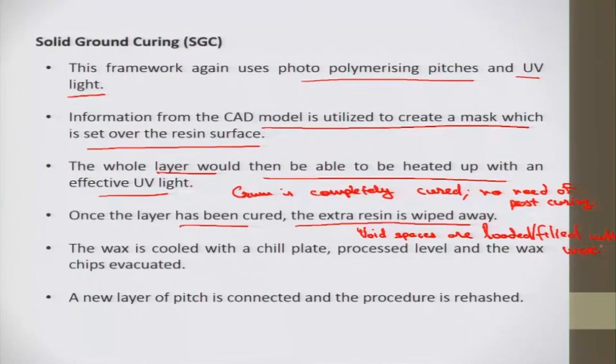Now, the wax is cooled with a chill plate, the level is processed using milling, and the wax chips are then evacuated. A new layer of resin is applied, and the procedure is repeated.